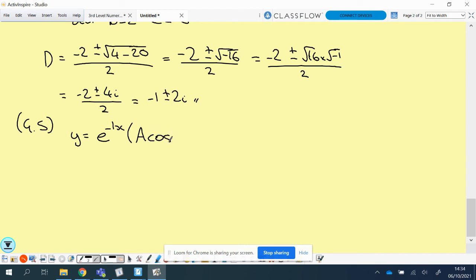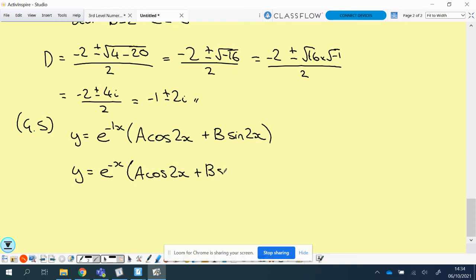But we'll keep the right form. A cos 2x plus b sine 2x. Okay, so the number that's attached to the imaginary number goes in beside our cos and sine functions. If I just rewrite that a bit nicer, that becomes e to the negative x, a cos 2x plus b sine 2x. You okay with that?